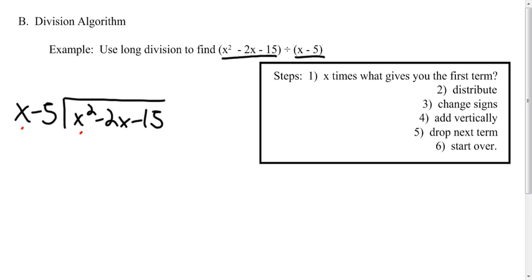Now each of these has just a coefficient of 1, so we know that there's not going to be any coefficient value, but to go from x into x squared, we would need to times by x. So when we take x times x, that gives us x squared, and x times negative 5 gives us a negative 5x. Now again, like before, we wanted to subtract this.